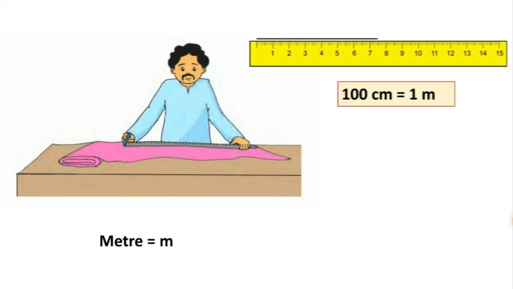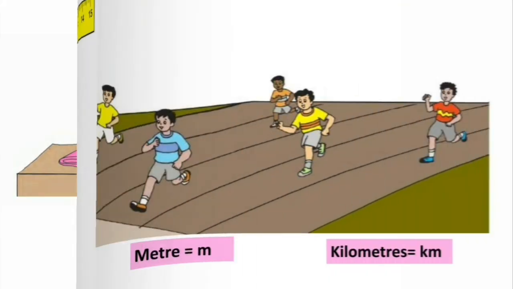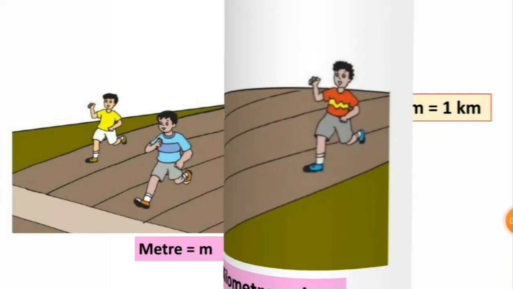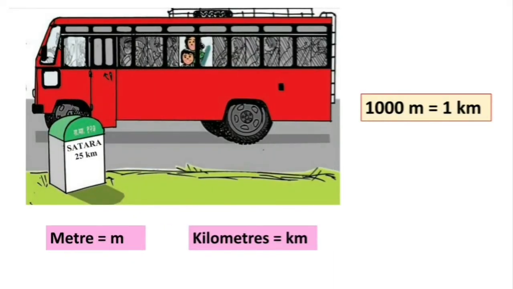For example, we use meters to measure cloth, and the tracks of a running race are also measured in meters and kilometers. Children, the short form of kilometer is km. While traveling, you must have seen such stones beside the road which indicate the distance.